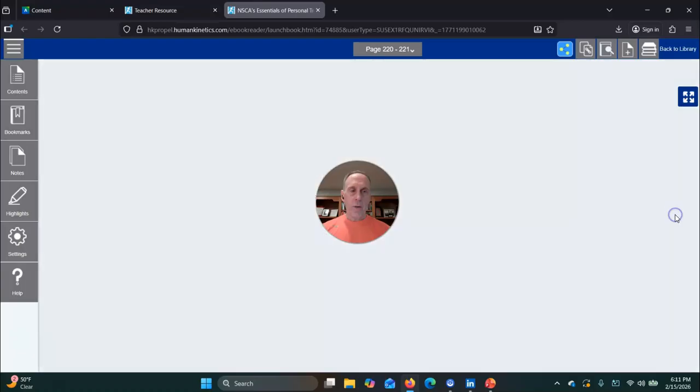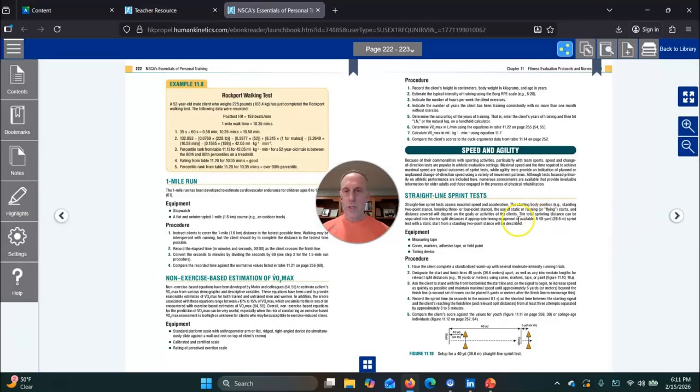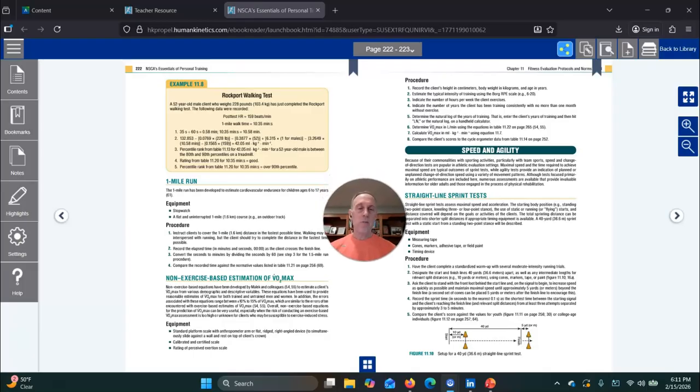If we go to the next page here on 222, one of the big differences, and what you'll probably see on a test somewhere, is the 1 mile run. The 1 mile run is more for cardiovascular endurance for children, ages 6 to 17. Notice the other assessments didn't really speak to the youth population.